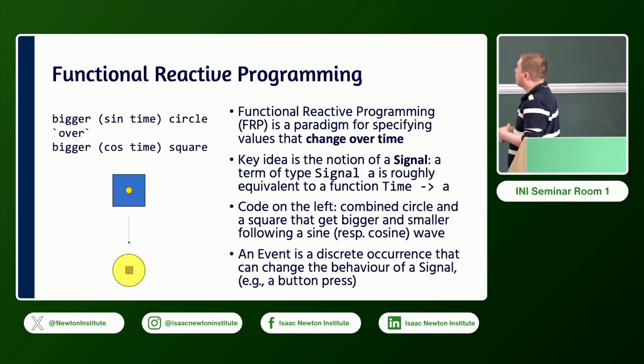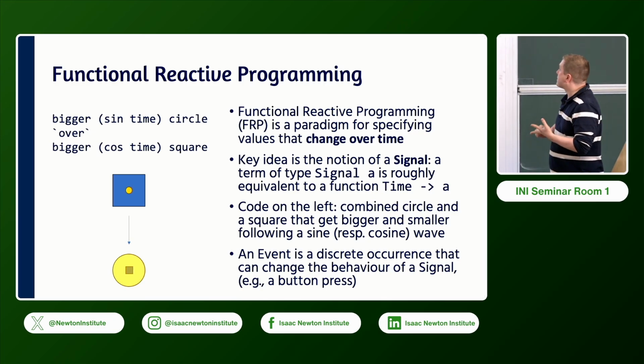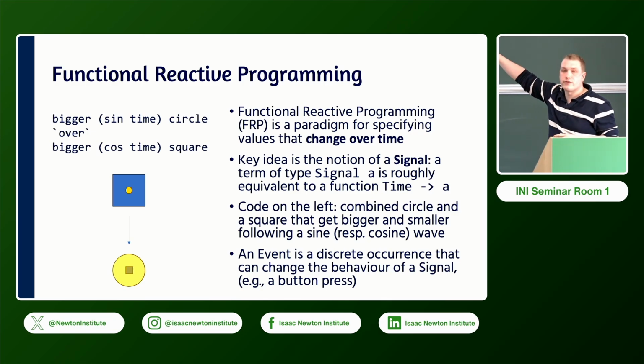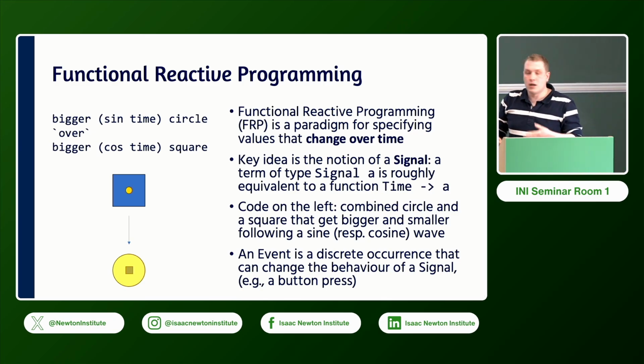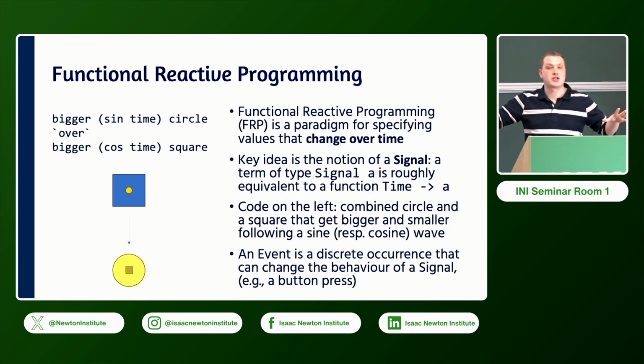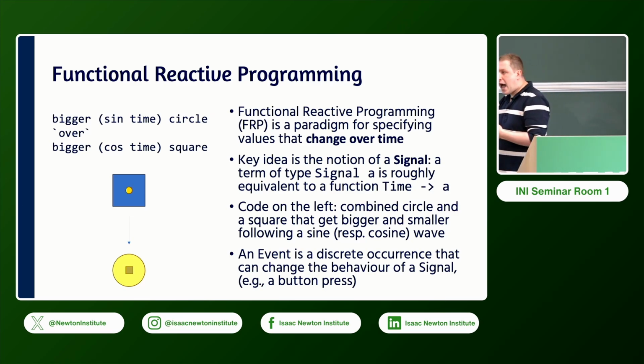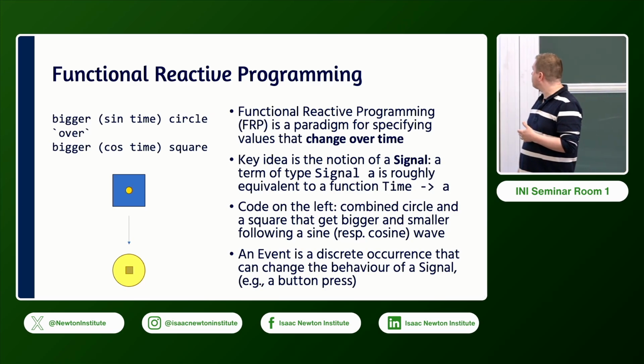And the idea of functional reactive programming is everything is focused around this idea of a signal, right? And a signal of a shape, for example, is roughly equivalent to a function from time to a shape, right? So we can see how these different things change over time.